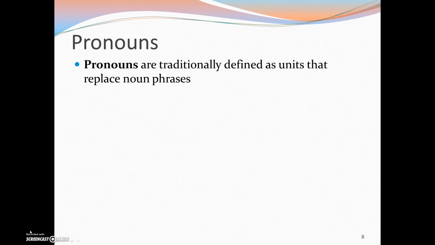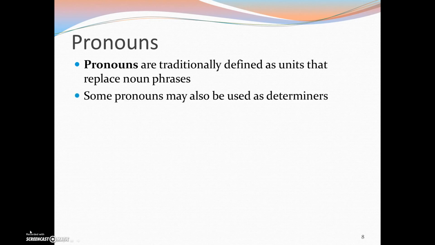Now, pronouns, our last topic of today. So, pronouns are traditionally defined as units that replace noun phrases. So, you will not have to repeat the same noun phrase all of the time, but you use a pronoun instead, right? So, pro means that it stands in for a noun, basically. But this is only part of the definition because some pronouns may be used as determiners, all right?